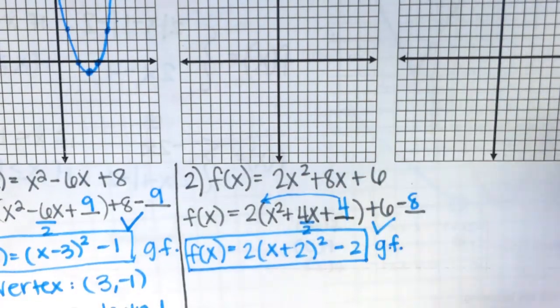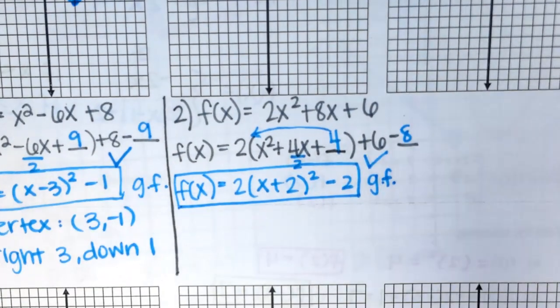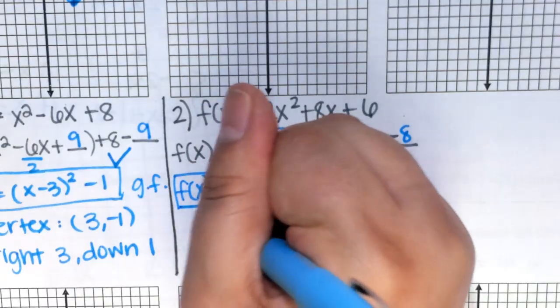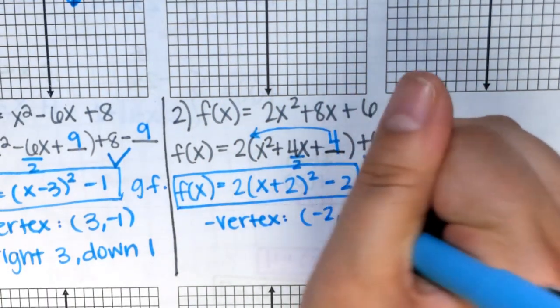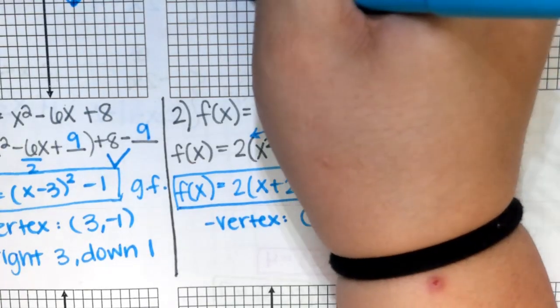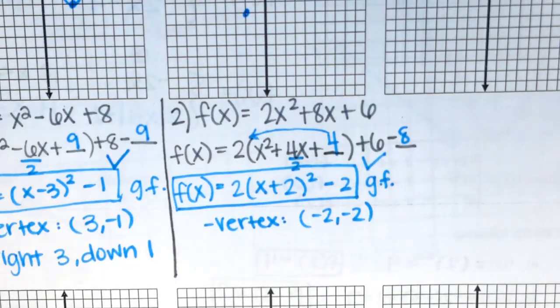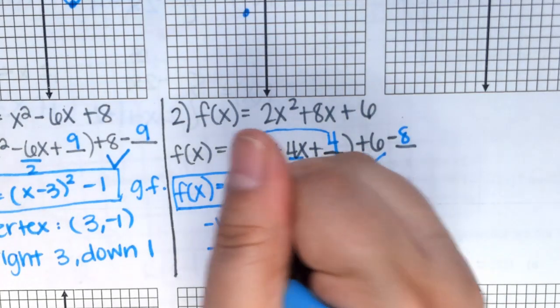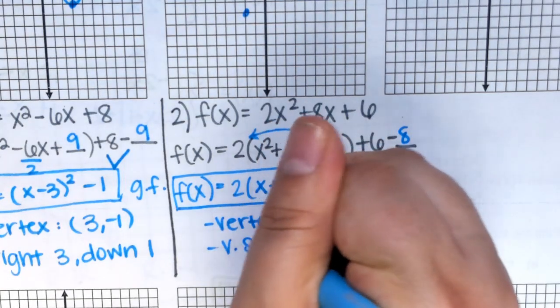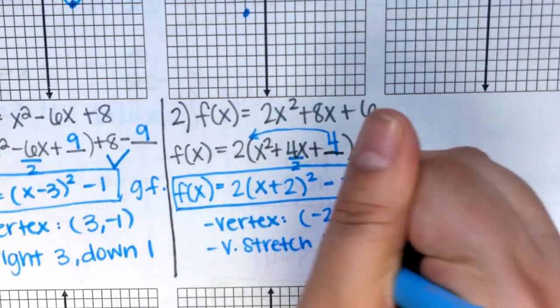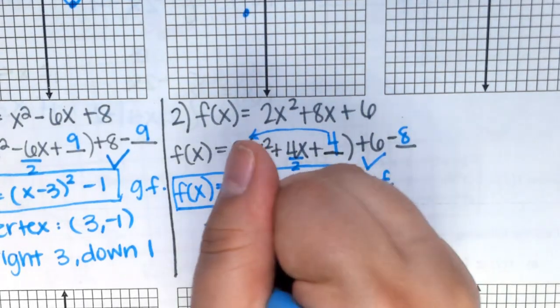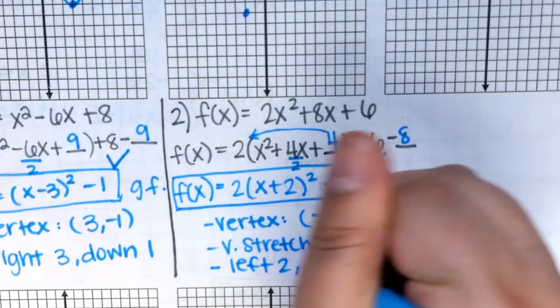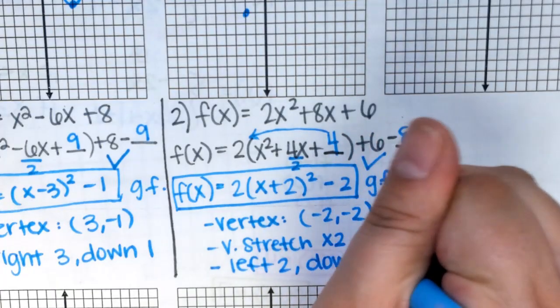And this is my graphing form. What is the vertex here? Please plot negative 2, negative 2. What is my transformation here? Describe it. It's going to be a vertical stretch times 2, what else? Left 2, down 2.